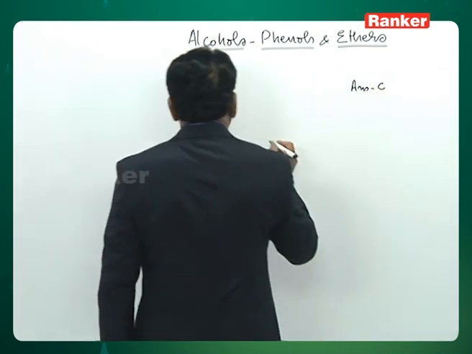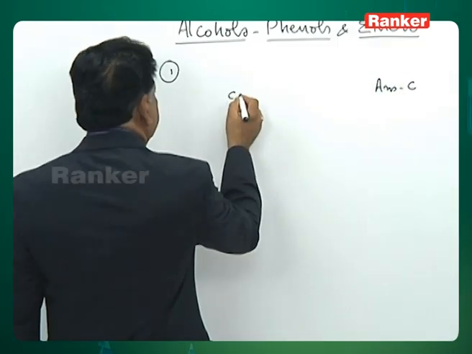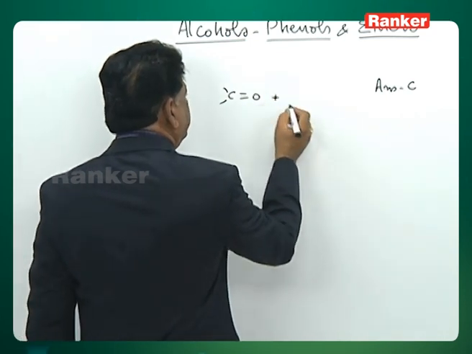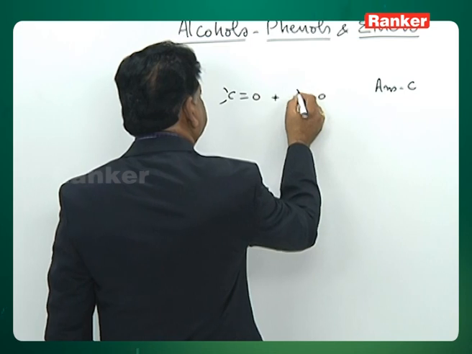So this MPV reduction is any carbonyl compound, whether it is aldehyde or ketone, is reduced with an alcohol.